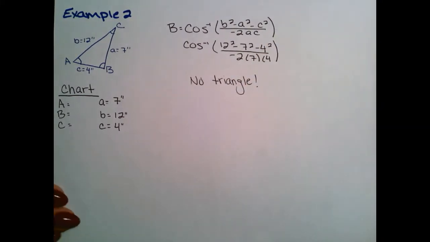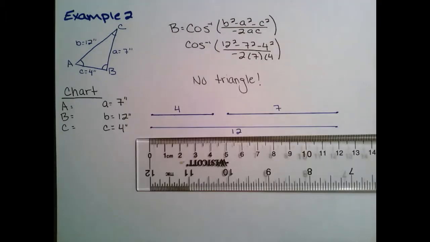I'm going to pause and draw you a little diagram to help you hopefully understand this a little better. Alright, so I brought out my ruler and drew this diagram for you. There's a rule from geometry I'm going to refresh you on, and it is that a triangle only exists if the two smaller sides add up to be greater than the larger side. Okay? So I give you a little image here.